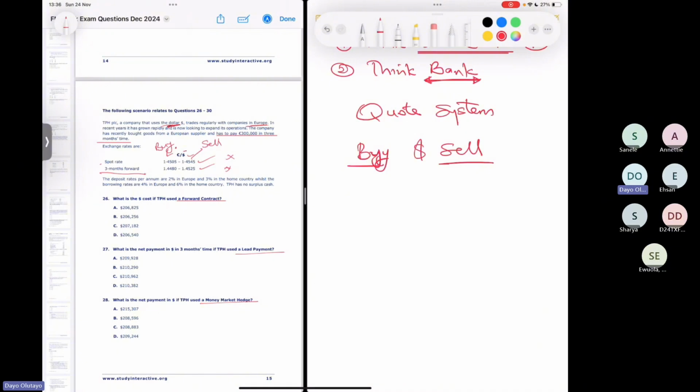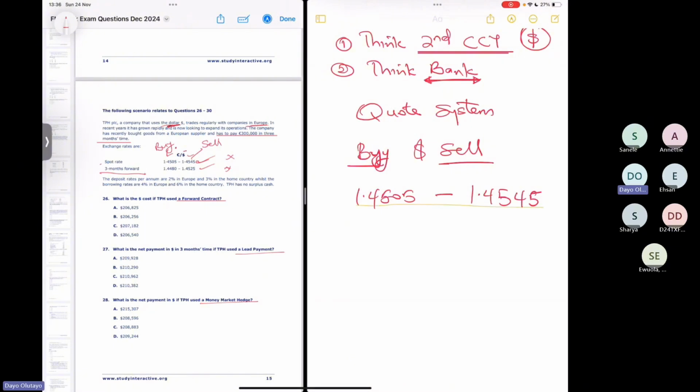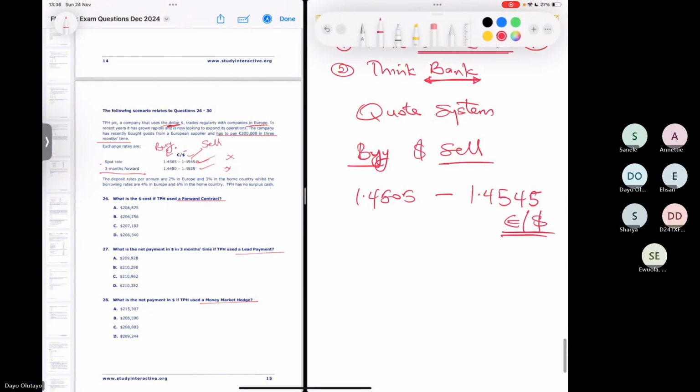So, when you have a quote, let's say you have this spot quote, 1.4505 to 1.4545, and it says euro slash dollars. Because the quote has said euro slash dollars, euro is the first one they wrote, so that automatically becomes your first currency.